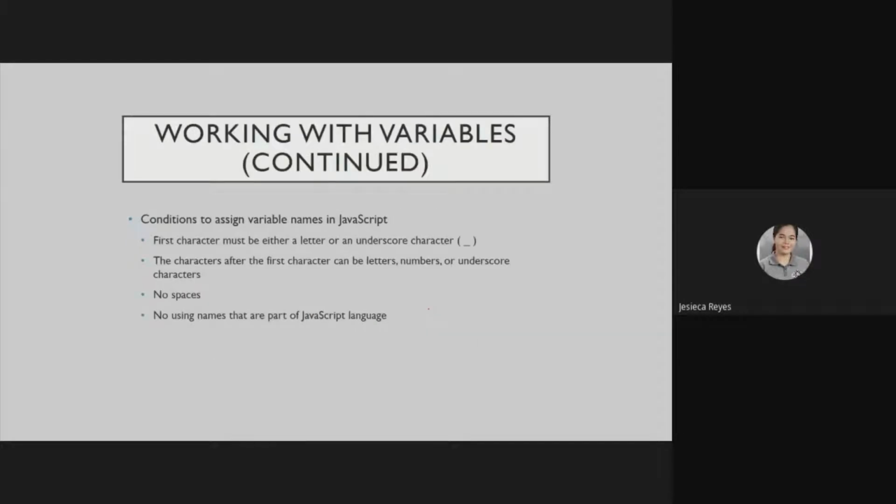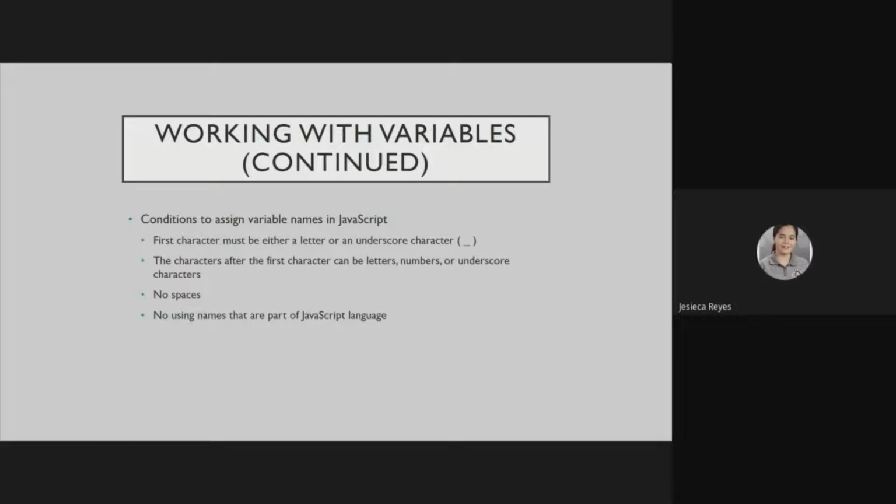Then you can also have the conditions to assign variable names in JavaScript. The first character must be a letter or underscore character, just like naming a variable in any programming language. Like, you cannot start your variable with a number or a special character, but only underscore is acceptable.